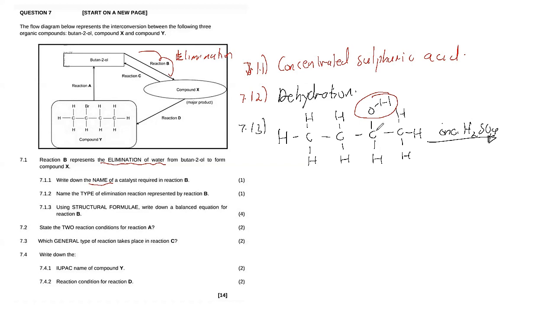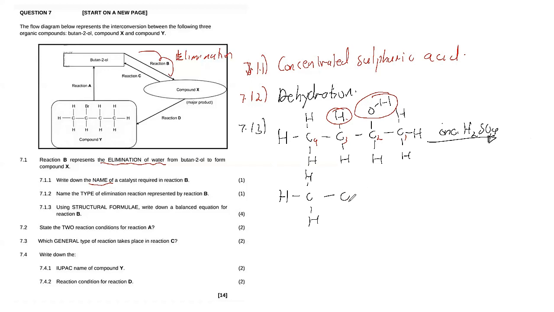But then remember, we cannot take the OH and the hydrogen from the same carbon. So we need to visit another carbon with less number of hydrogen atoms, which is obviously this one here, the third carbon counting from this side. Then we want to take out a hydrogen here. So the hydrogen and the OH, that's the water we are talking about. Then now, the major product that forms out of this will be like this.